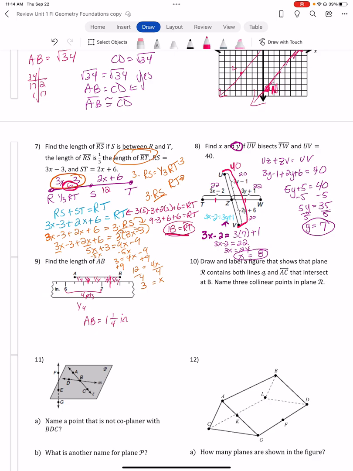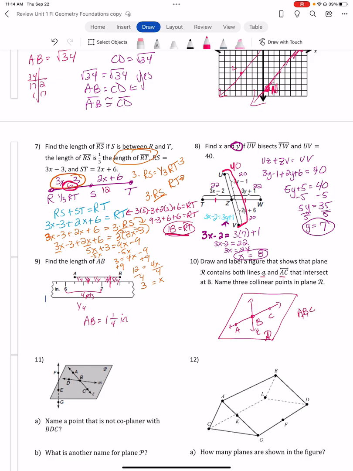Number 10 says draw and label a figure that shows plane R contains both lines Q and AC. Okay, so we have plane R, our little cursive R over here, contains both line Q and AC that intersect at B. So, contain lines Q and AC, and we know that they intersect, so this is A, C, and they intersect at B. It says name 3 collinear points.